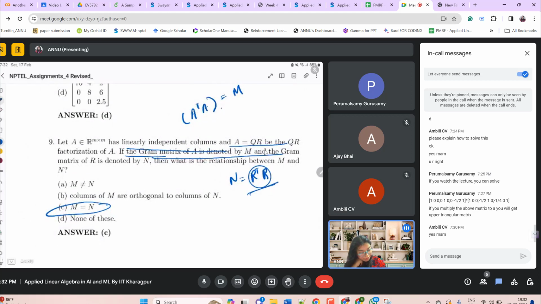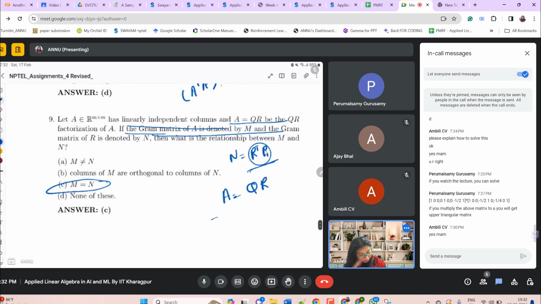When we write A equals QR, the span of A equals the span of Q. So A transpose A equals R transpose R. Then only it will hold.